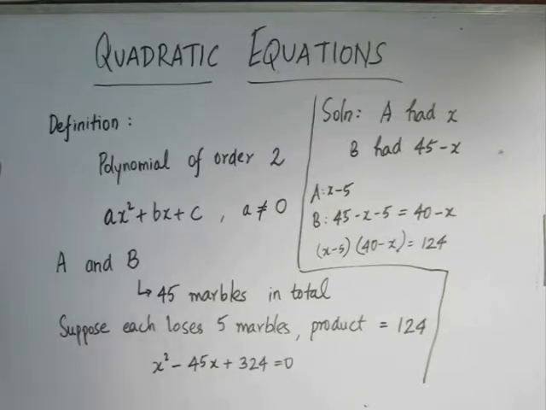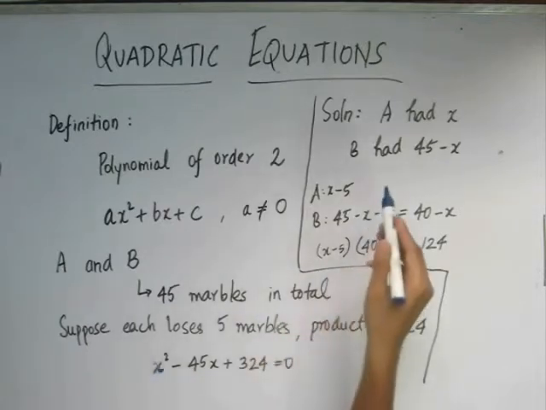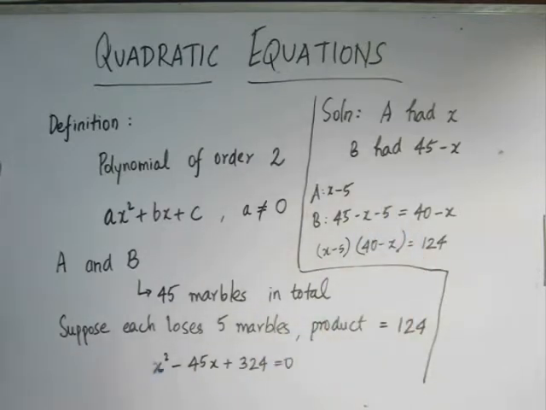If you do that, you will get this particular equation, and this equation is a second degree equation in x, and it is a polynomial of order 2 where the coefficient of x square is non-zero. So this is an example of a quadratic equation where x denotes the number of marbles that A had initially. This was a definition, and we were able to get a quadratic equation relating these two.